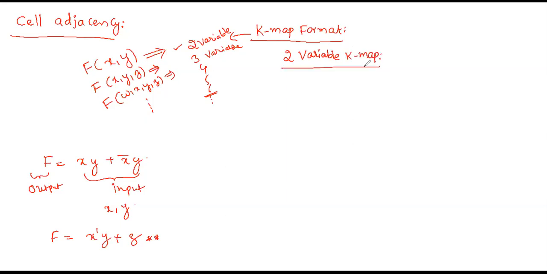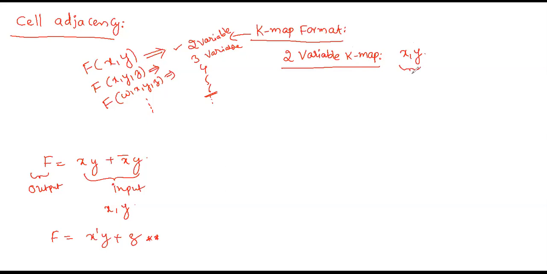Two variable K-map pattern, with two variables x comma y. How many minterms are possible with two variables?